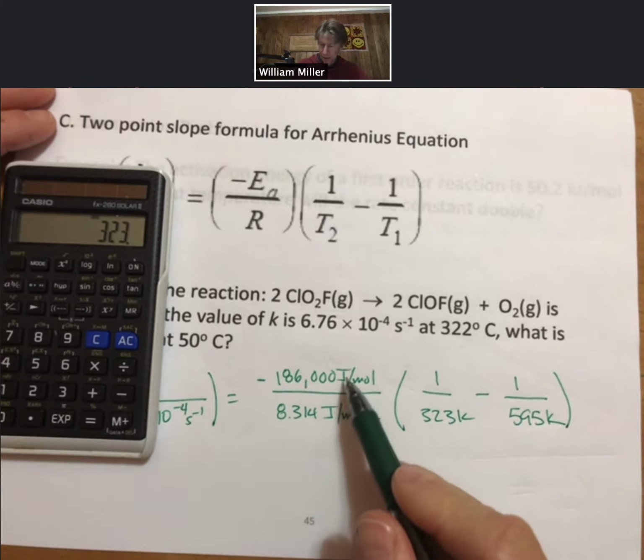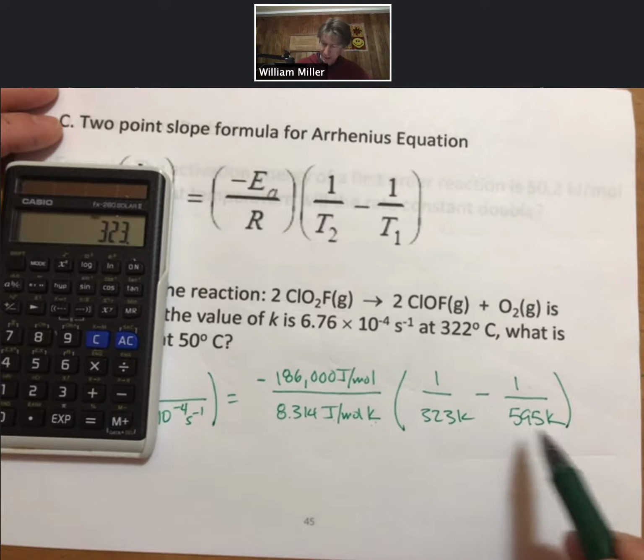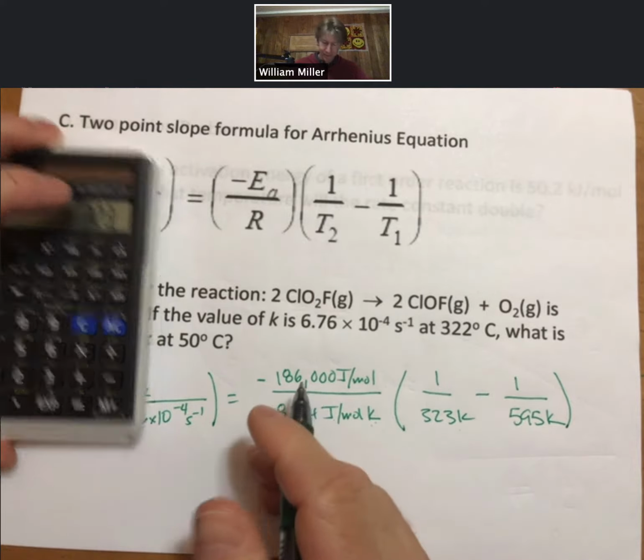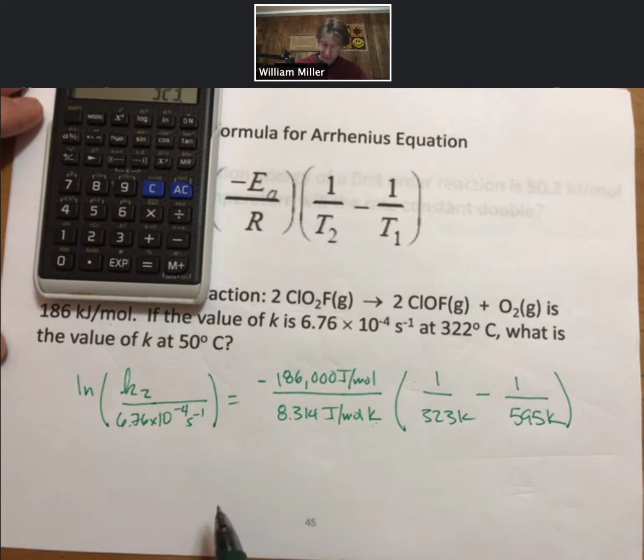We can see that our joules per mole cancel here. Our Kelvin, so this is in the denominator of the denominator, so it kicks it back up top, which means it will cancel with our Kelvin over here. And now we've plugged everything in. Let's go ahead and solve this.